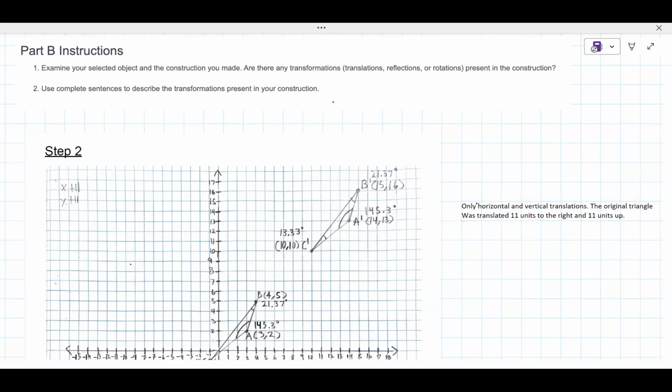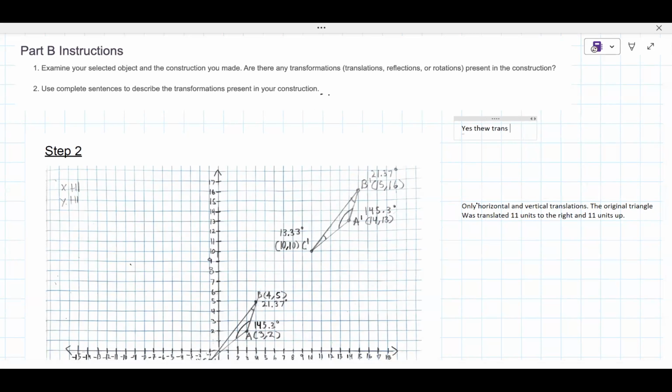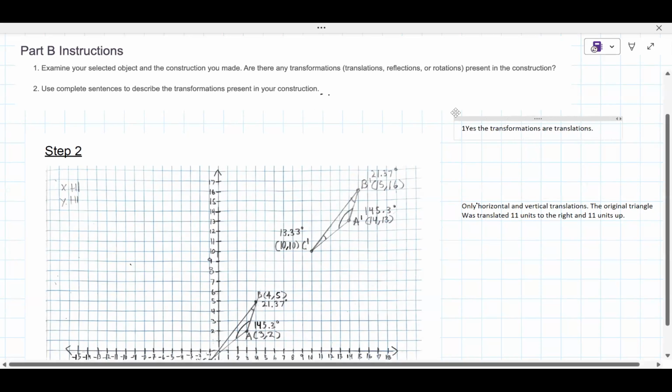So I guess the answer is, I was looking at those two, and for the first one you would say yes, there are transformations, and the transformations are translations. That's for one, because it's just asking are there transformations, like rotation.